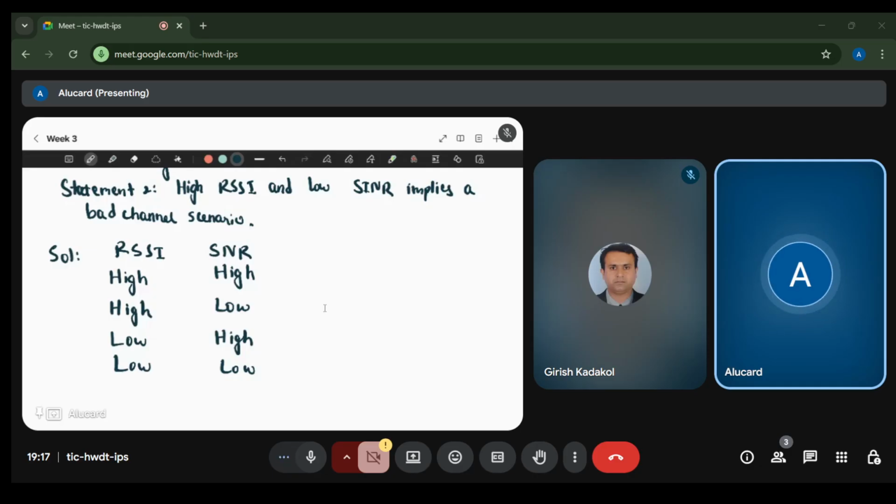The SINR, of course, is reflected in RX qual. Of course, you have to look at the frame error rate and bit error rate, and then you'll get RX qual.